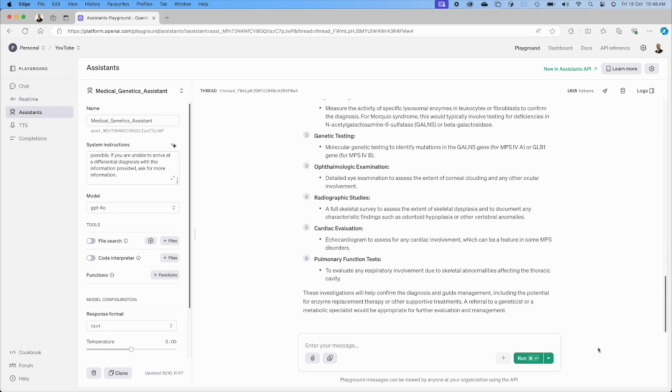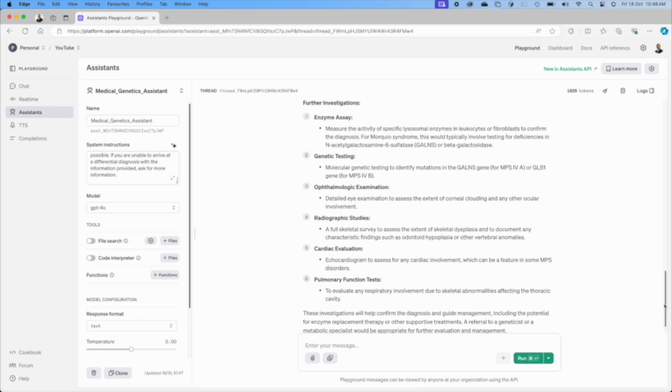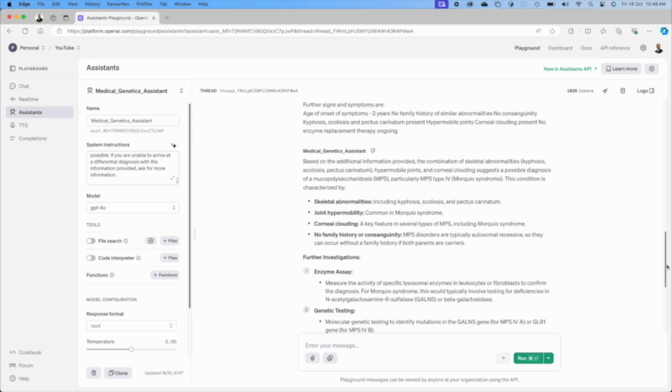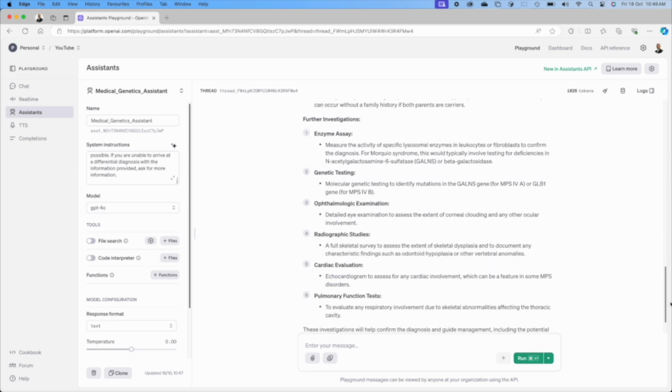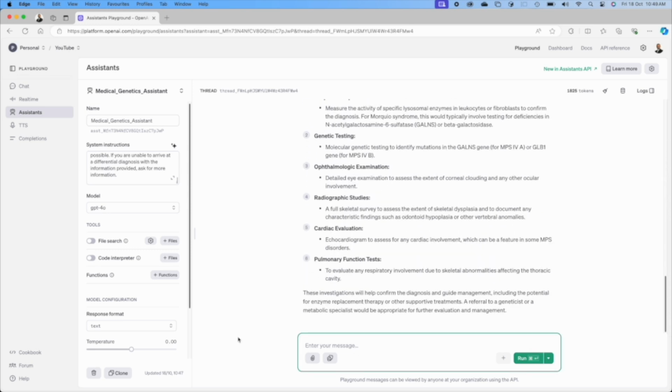It expects, based on the signs and symptoms, that this is most likely to be Morquio A, which is mucopolysaccharidosis type 4. And then it is suggesting further investigations to confirm the test, including enzyme analysis, genetic testing, and also supporting ophthalmic, radiologic, and cardiac evaluations for further management of the case.